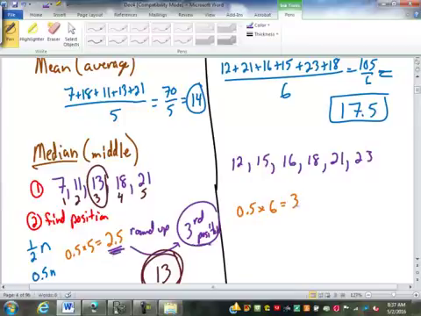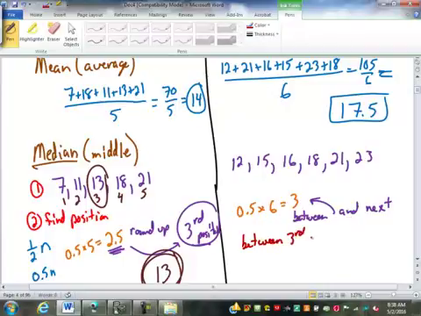If it comes out to be a whole number, in other words, no decimal, then it's between that one and the next. So that's saying it's between the third and fourth number in the list.